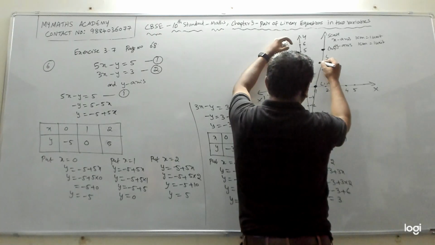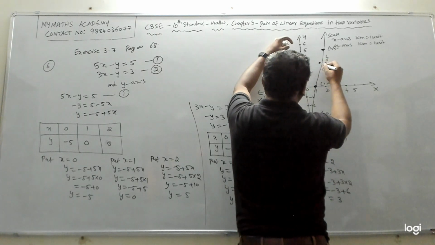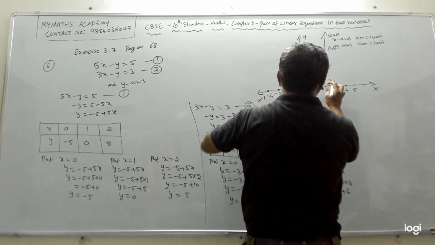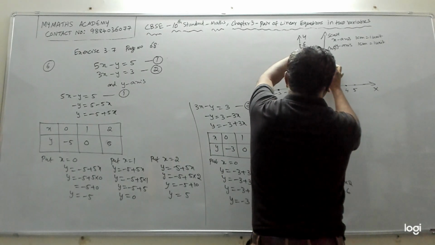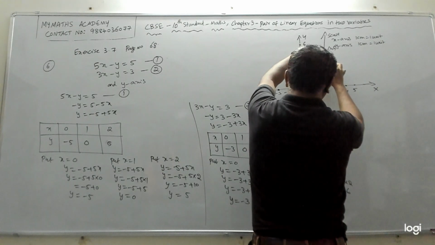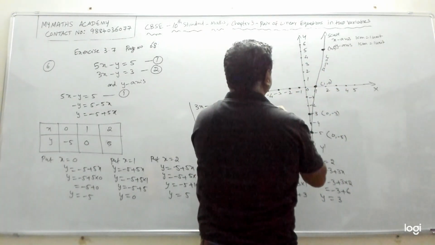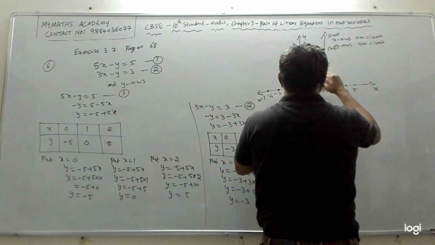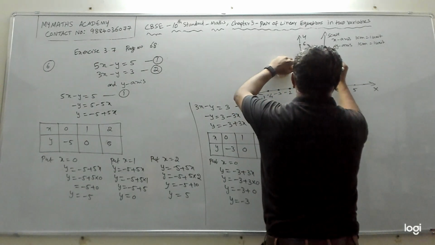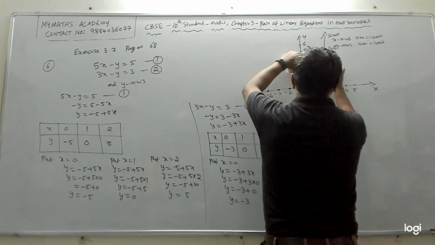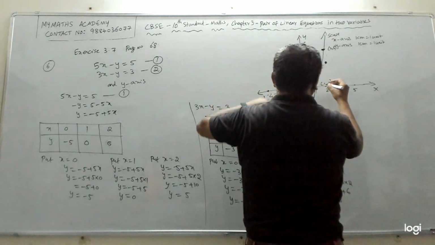Right. So if you join this, 2 is here. 3 is here. And then join this, this, and this. I think 2 comma 3 may come somewhere here. It may come somewhere here. Now let's join these points.